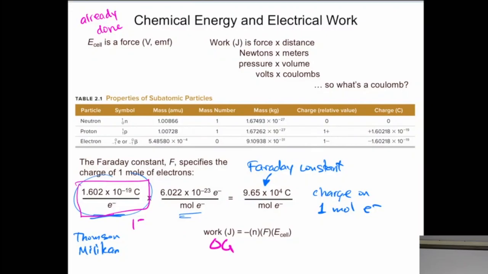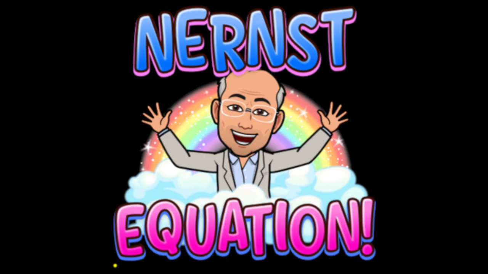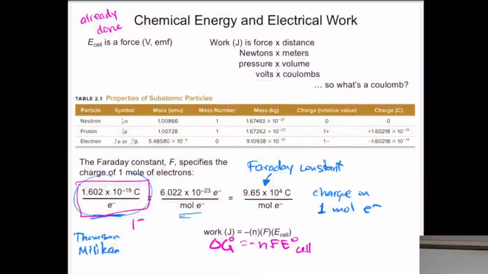All right, so this equation here, the work in joules equals minus NF E naught of the cell. This is what we've been using. But this is all under standard conditions. So let's take a little delve into what happens when things are non-standard.